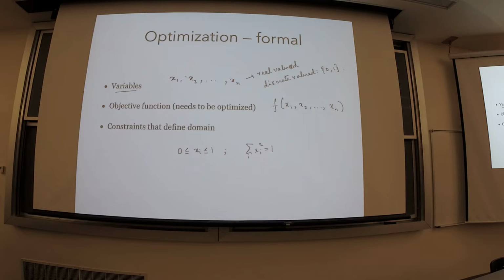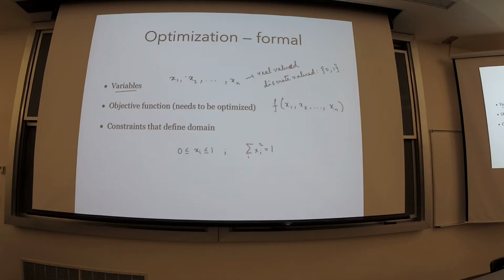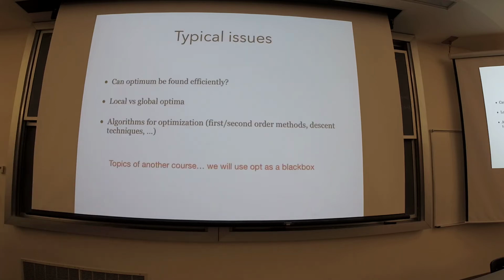Before we move on, what are the common kinds of things people study about optimization? People study whether you can find the optimum value, which is basically whether you can maximize or minimize this objective function within this domain.